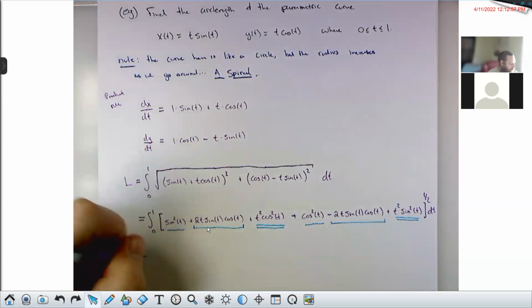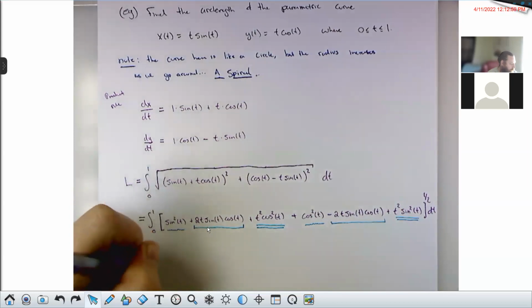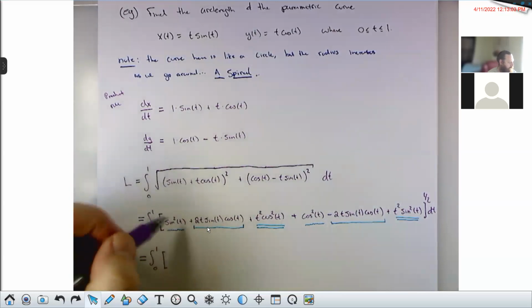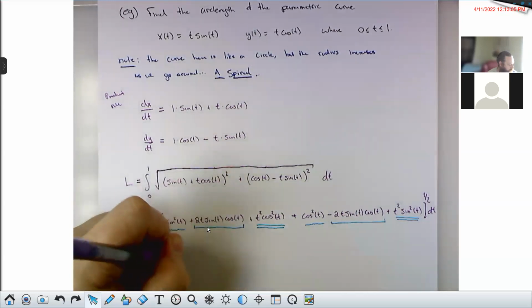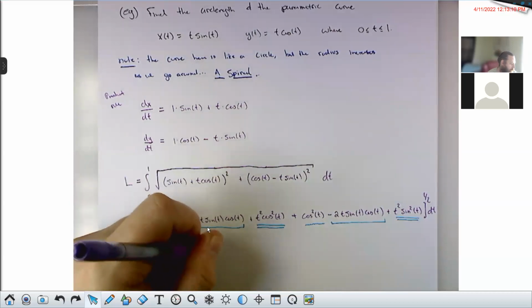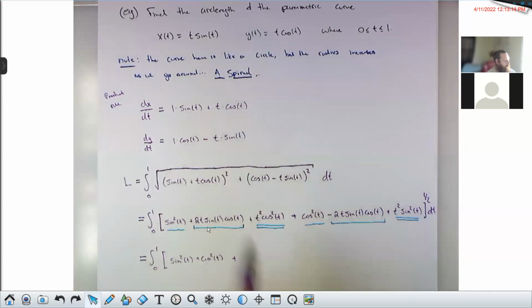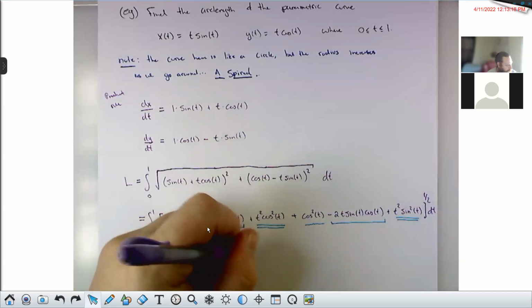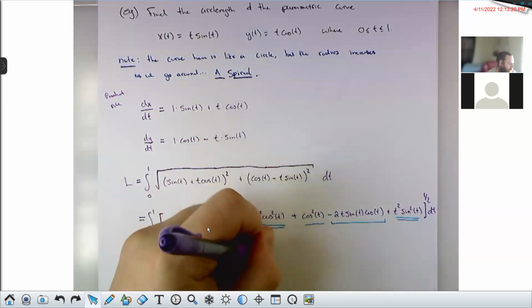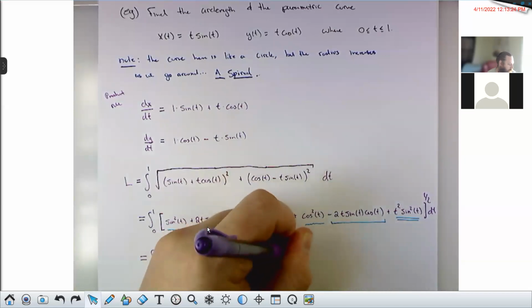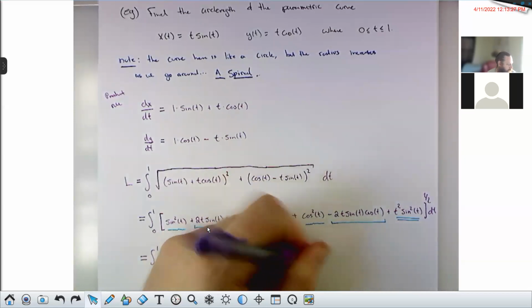And that will give me the integral from 0 to 1 of bracket sine squared t plus cos squared t, plus, now from these guys, I'm going to factor out a t squared, and I'll have from that sine squared t plus cos squared t as well.